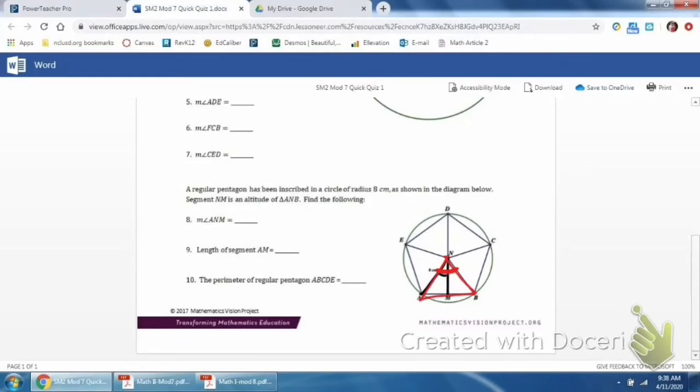So remember, if you have 5 equal triangles, you're going to have 5 equal angles all in the middle. Those all have to be the same. To figure out what each one of them is, we just take the full circle divided by how many angles there are, and we should get 72 degrees.